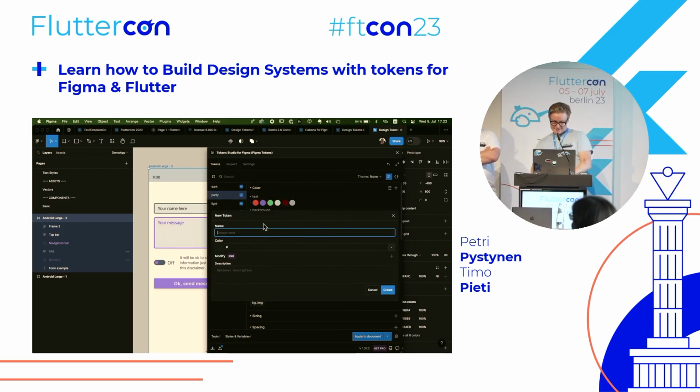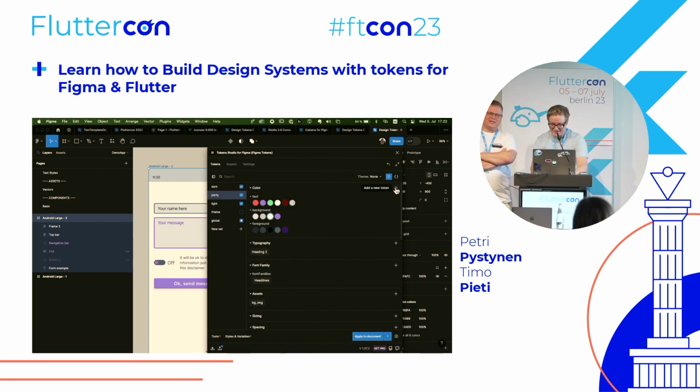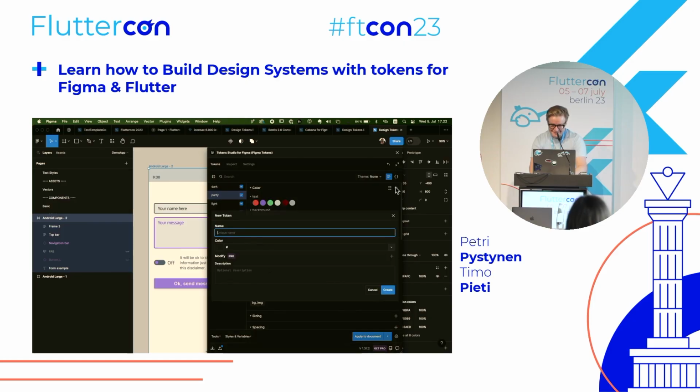Again, the designer export is not supporting this kind of tokenizing, so let's see. Yeah, this. And then I will put it in the gradient group, and I will give it my first gradient.